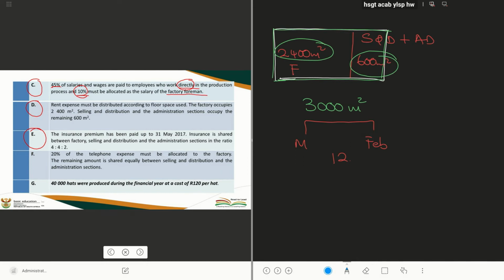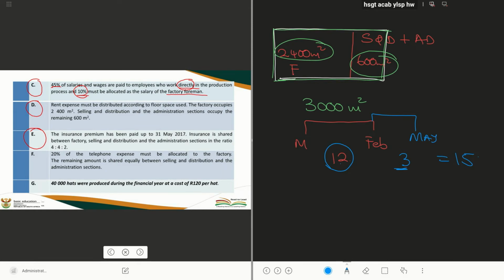So from February to May, how many months is that? You need to use your fingers. You say March, April, May. That gives you 3 months. So the insurance premium has been paid for 12 plus 3. That gives you 15 months. But we cannot pay it for 15 months. We only need 12 months. That means we need to subtract the 3 months.